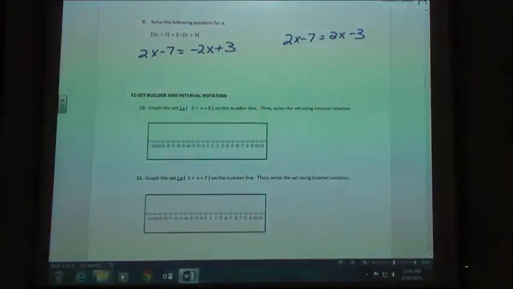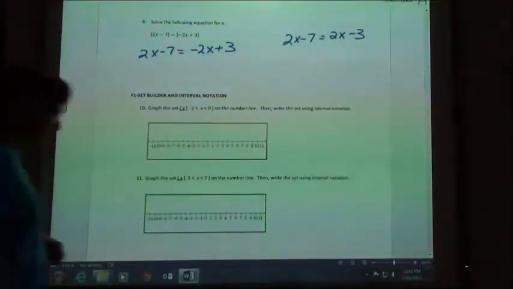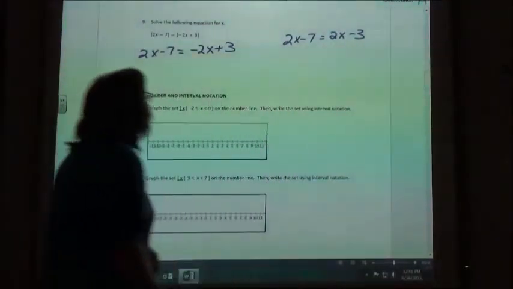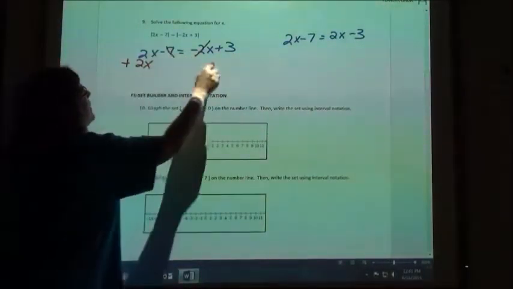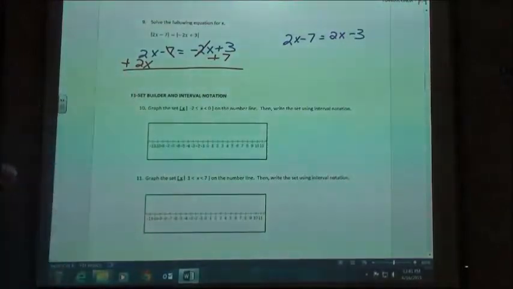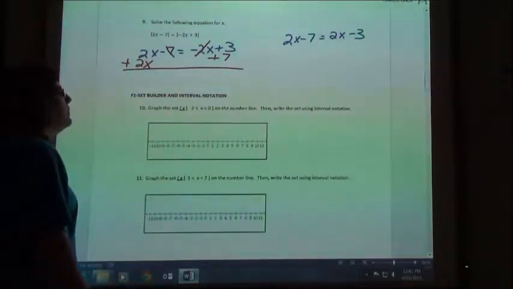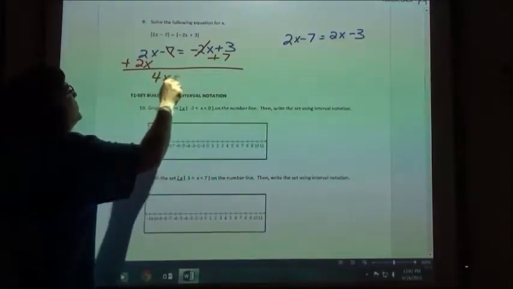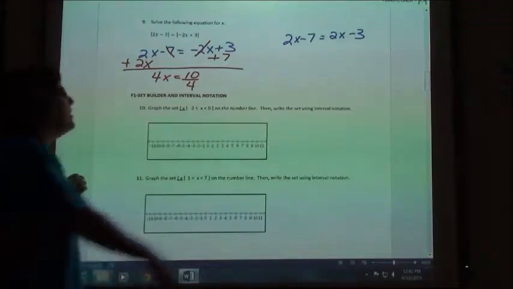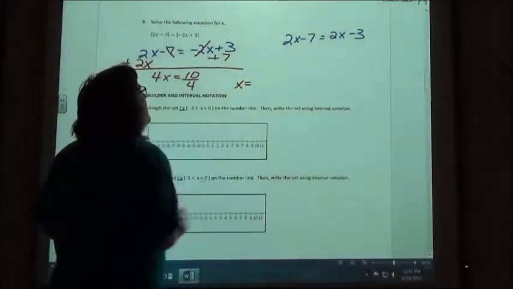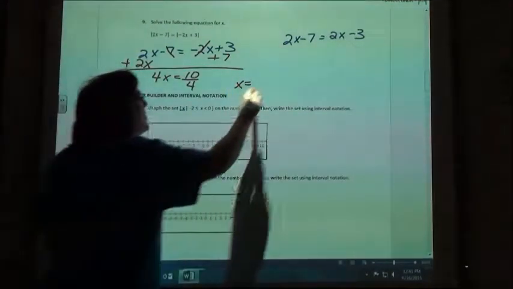So 2x minus 7 equals a positive 2x and a minus 3. So solving my first one, I'm going to add my 2x and add my 7, and so I get 4x equals 10, and so when I divide by 4 and simplify my answer, x is going to equal 5 over 2.